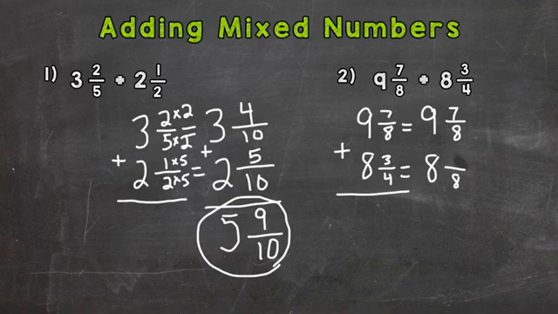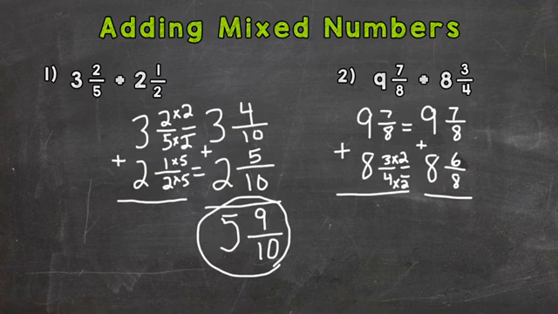Now 3/4 we're going to need to rename, and we know 4 times 2 gives us the denominator of 8, so we need to do the same thing to the top. 3 times 2 is 6. So 3/4 is the same as 6/8. They hold the same value. We just renamed it so it had a denominator of 8.